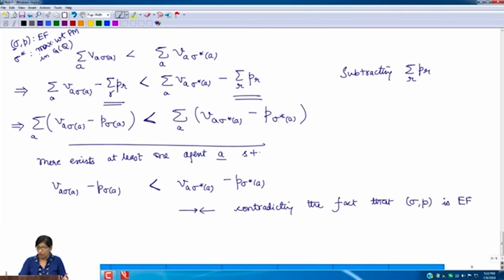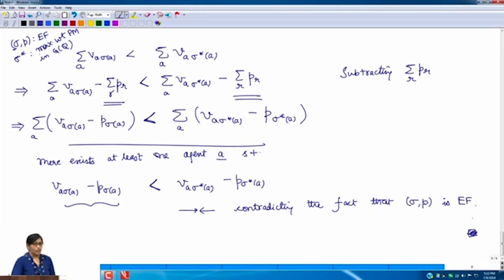It is contradicting the NV freeness for agent A in particular. Here he is getting strictly less utility than the utility he would derive from the room sigma star A. And this completes the proof.